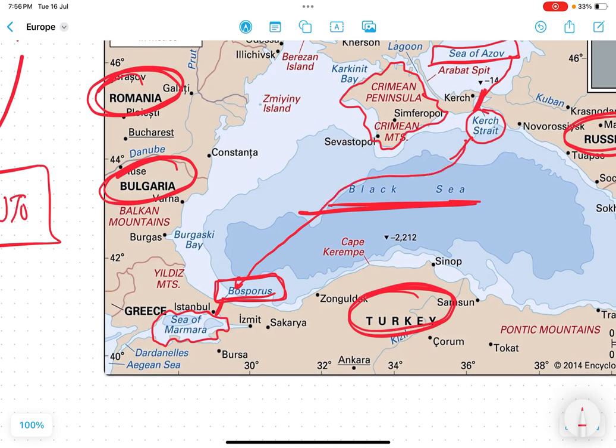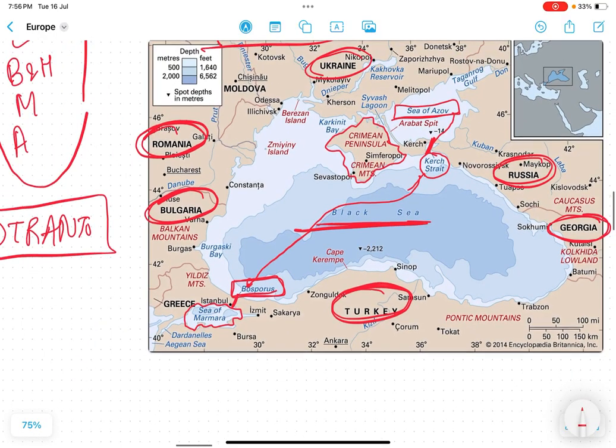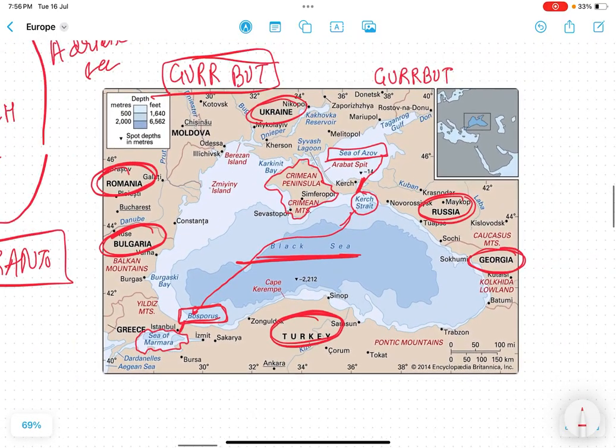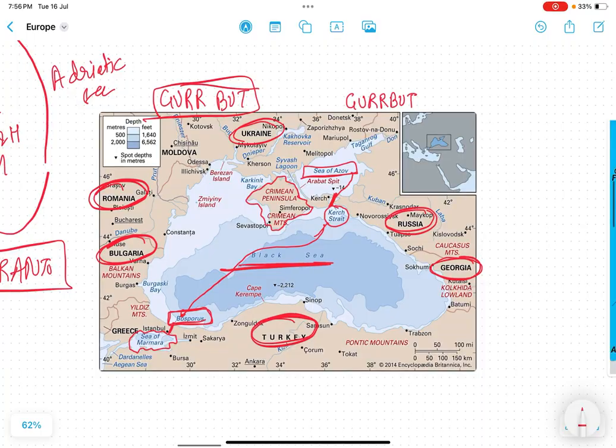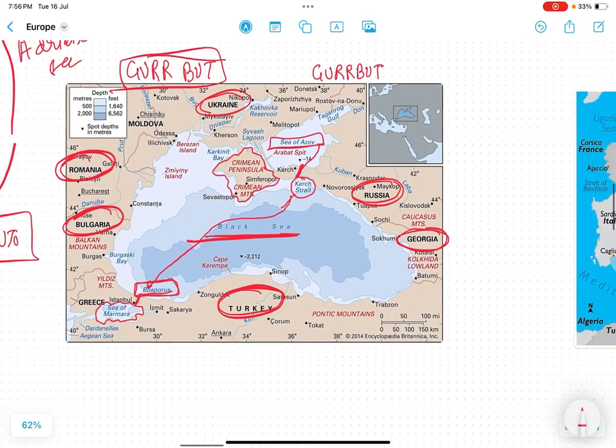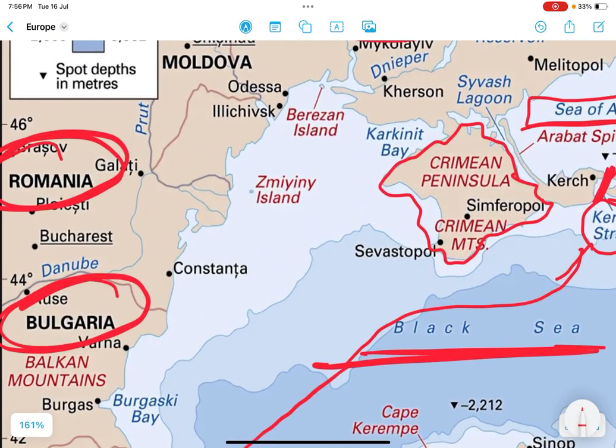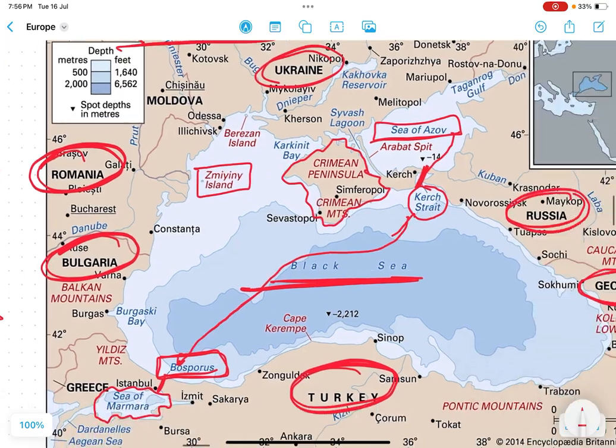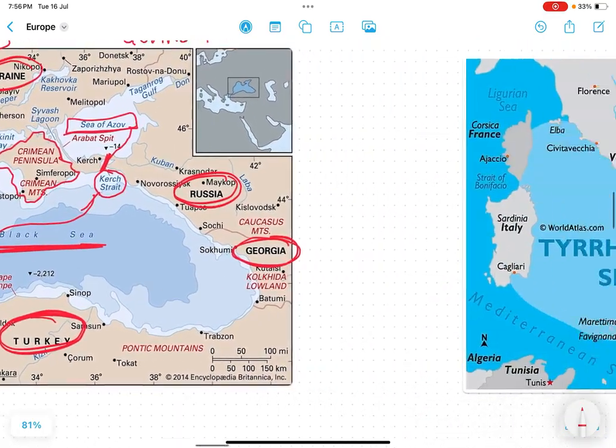So this is the way by which the ships go into the Mediterranean Sea from Sea of Azov, right? Then there are some islands. These are called Zimini Islands. Important islands, right?